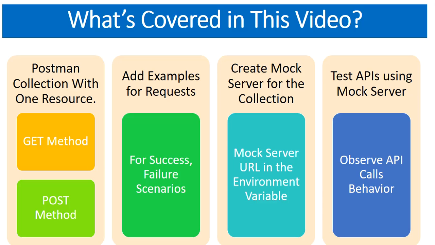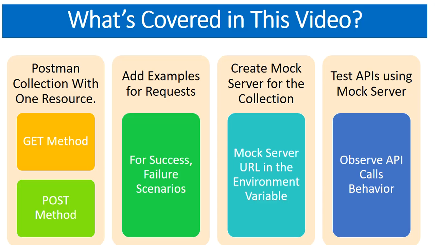Once you create your mock server, one separate environment also gets created automatically in Postman, and a URL environment variable gets added to that environment, and the URL to the fake server is added to that. Then, when you are testing your APIs using the mock server, you can use that URL.